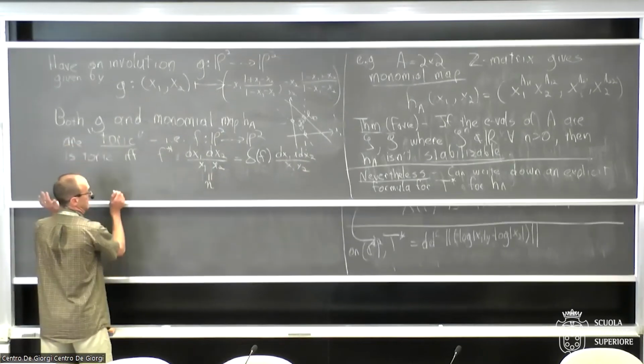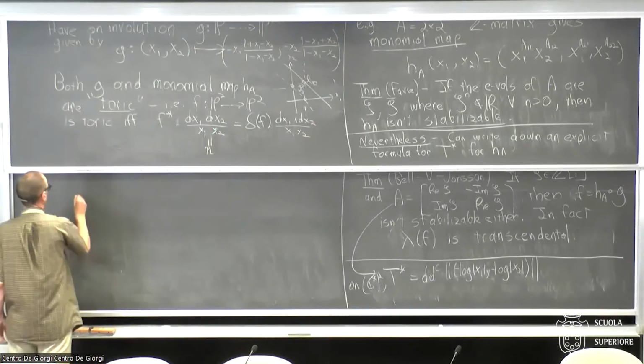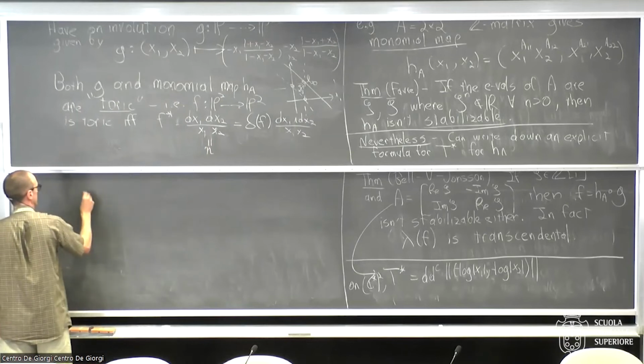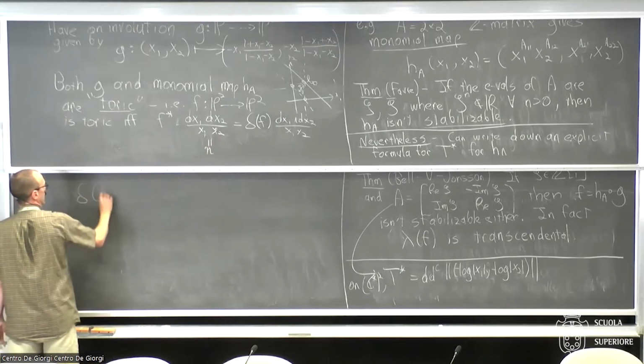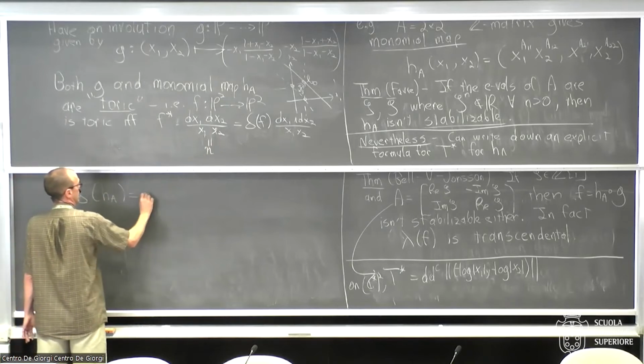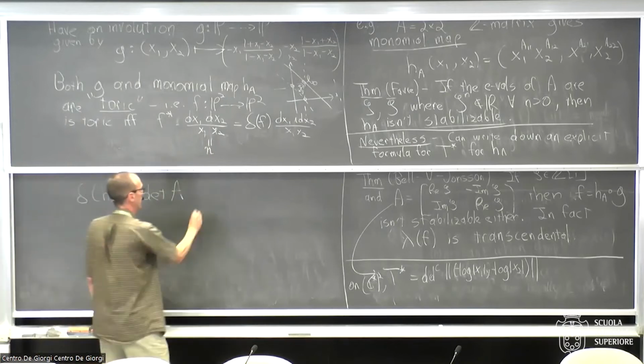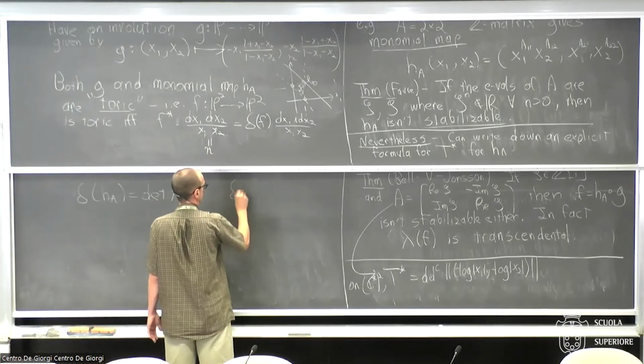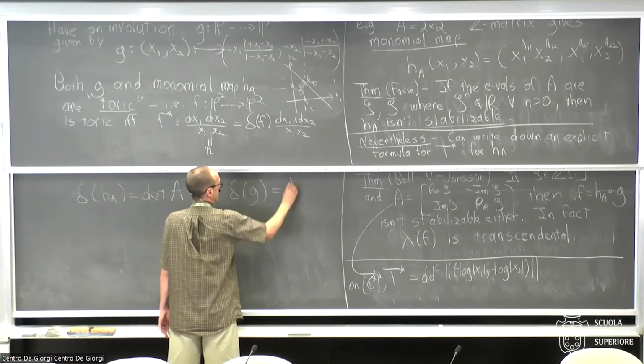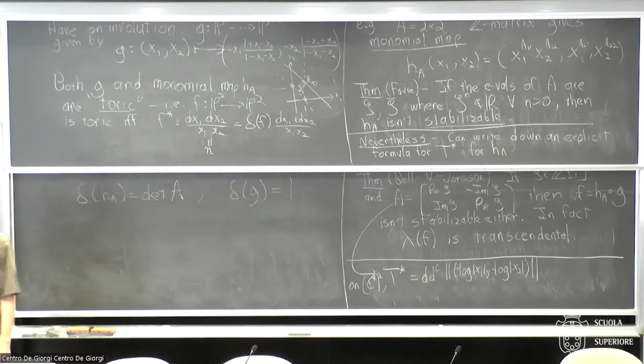All right. Now you can check for yourself. It's not so surprising that the monomial maps are toric. And the particular constant's the determinant of the matrix. But if you just do a hand computation, you can check that G is toric too. And the constant there is 1.